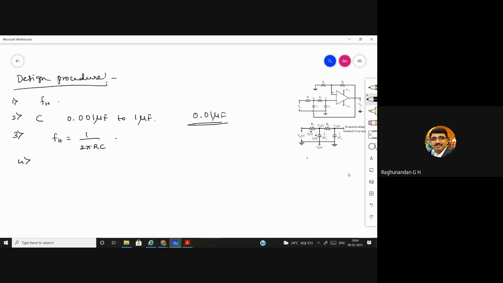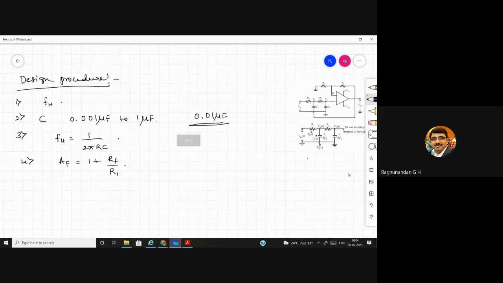Last step, gain. The maximum gain is given by 1 plus RF by R1. So this is the design procedure that needs to be followed. When you know the gain, you can find the feedback resistance and R1.